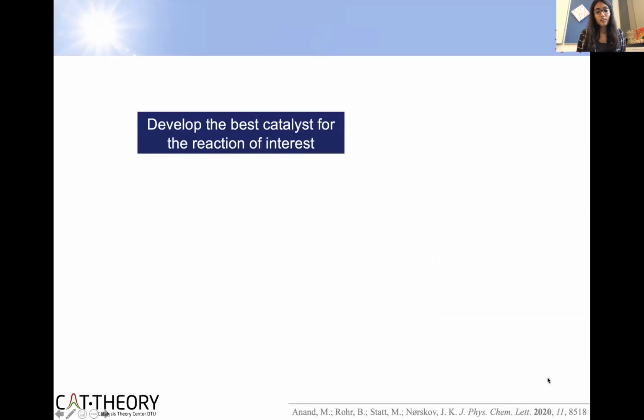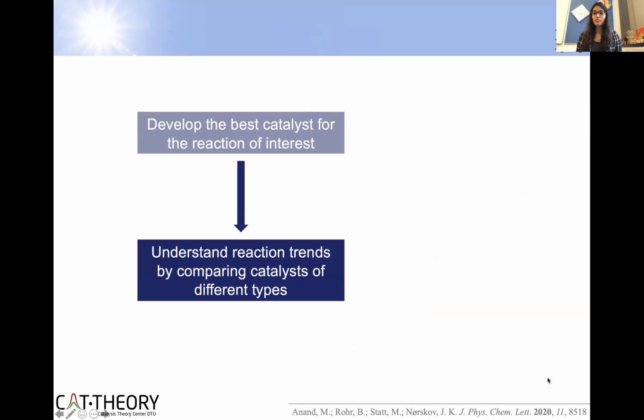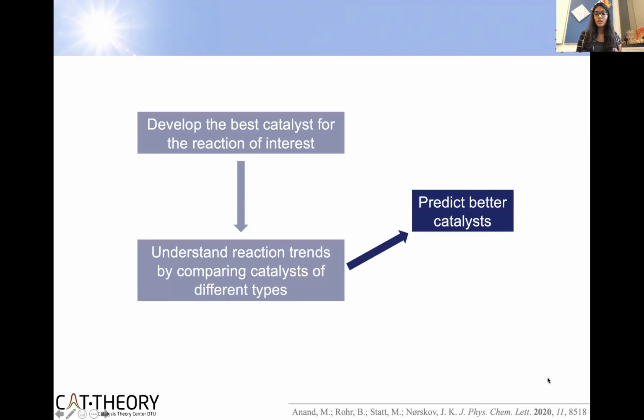For being able to develop the best possible catalyst, we should be in a position to compare catalysts of various different types, and that includes organocatalysts or organometallic complexes, different surfaces, oxides, and nanoclusters, and whatnot. Only when we can compare catalysts of different types can we predict better ones. And once we can predict better ones, they can be synthesized and tested, and that's how we can try to reach our goal of having the best catalyst for the reaction.